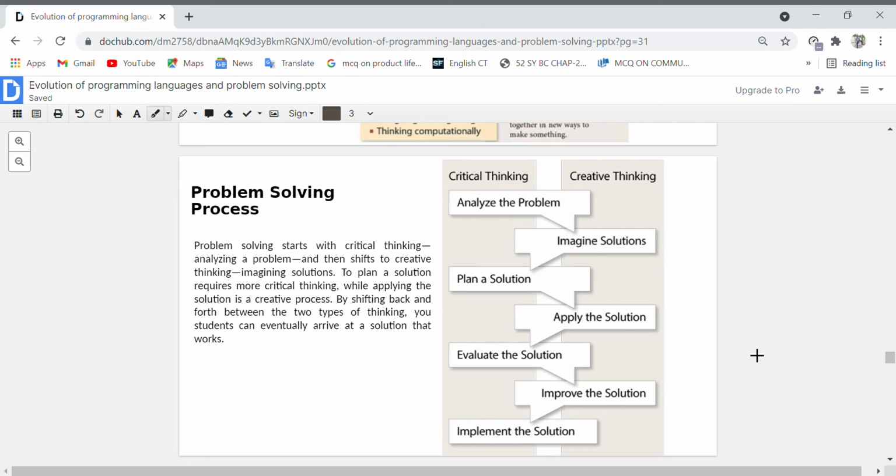So you can divide it like this: problem, critical thinking, analyzing the problem, creative thinking, then problem solving or solution.